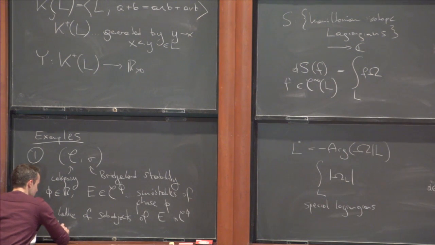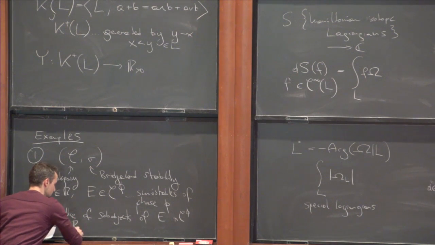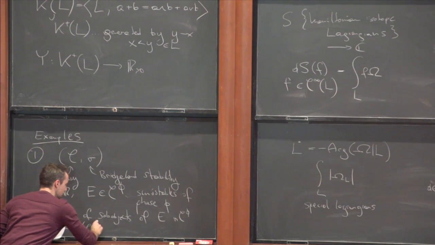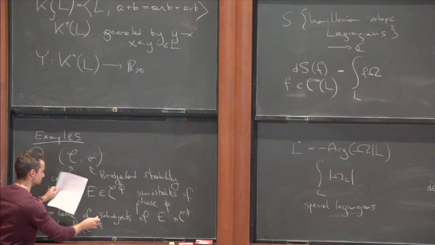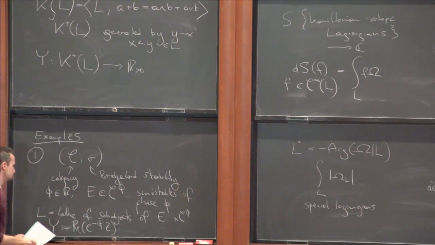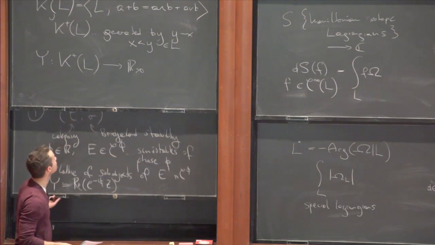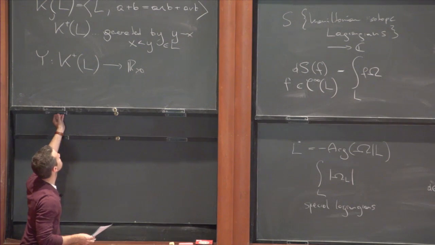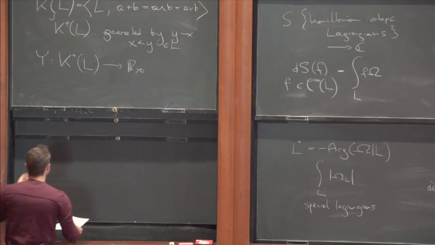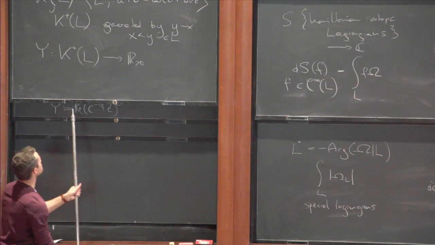And this Y is just coming from the central charge, so it's the real part of E minus I phi, rotated to make it phase 0 times C. Yeah, so that's one example.